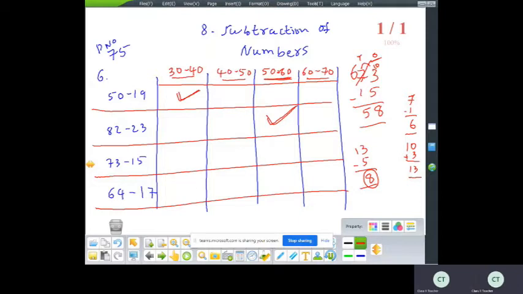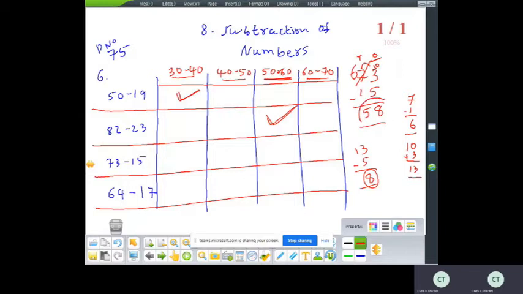See, our answer is 58. First check the ranges. 30 to 40 means the numbers below 40. 40 to 50, numbers are below 50. Now 50 to 60, count the numbers from 50 to 60: 51, 52, 53, 54, 55, 56, 57, 58.